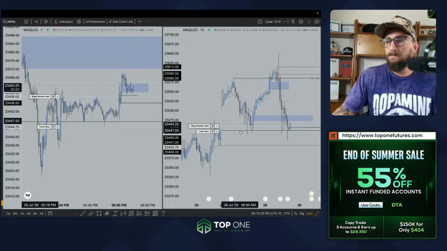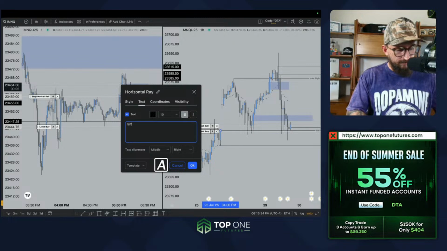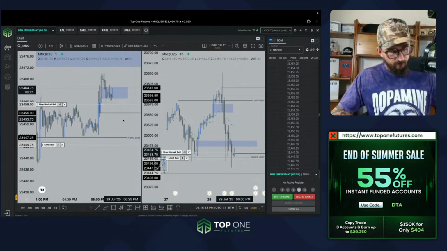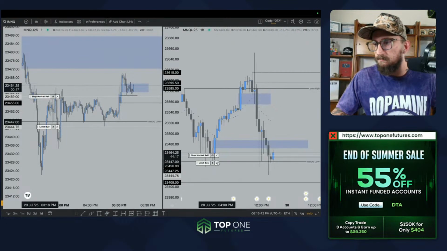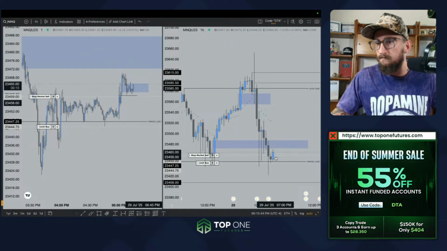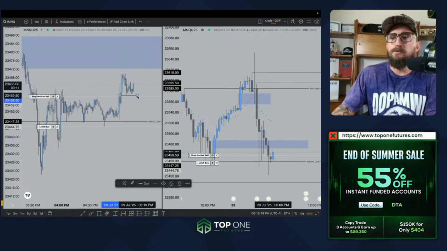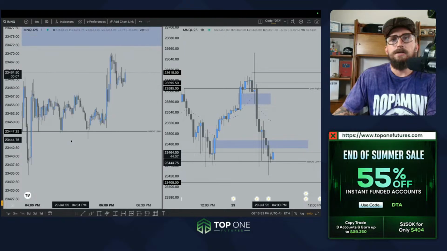So if we look right here, the new week opening gap low, we go ahead and label this just so we're all clear on what we're looking at. So it looks like nothing's going to trigger, which is cool. All good in the hood. We're just walking through ideas here.